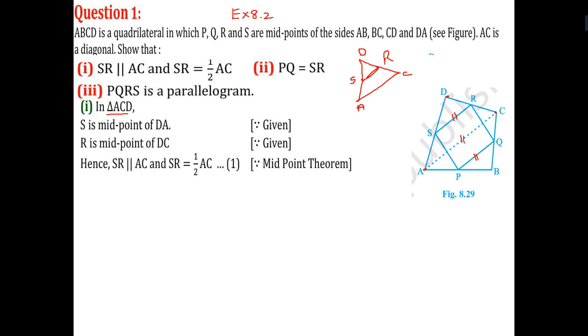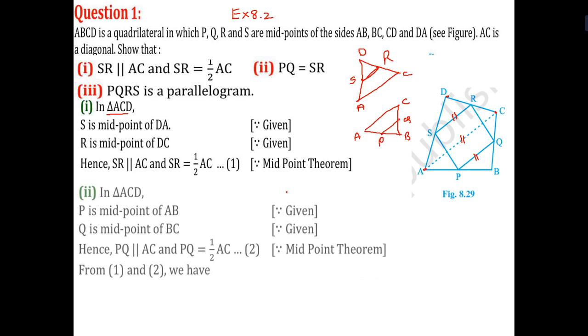So SR is equal to half AC, according to the midpoint theorem we can say. Same we can draw one more triangle, that is A, C and here we have to write B. Now P and Q are midpoints. So if we join, then PQ is equal to half AC.